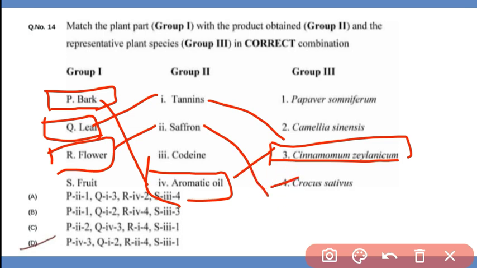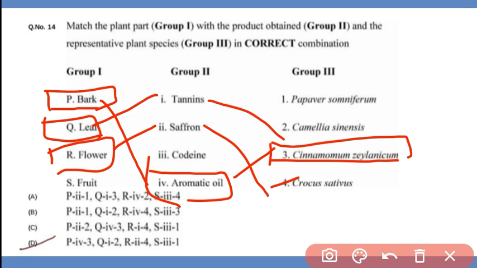Then the fruits of Papaver somniferum, or codeine. Codeine is an opioid and prodrug of morphine, mainly used to treat pain, coughing and diarrhea. It is found in the sap of opium poppy.